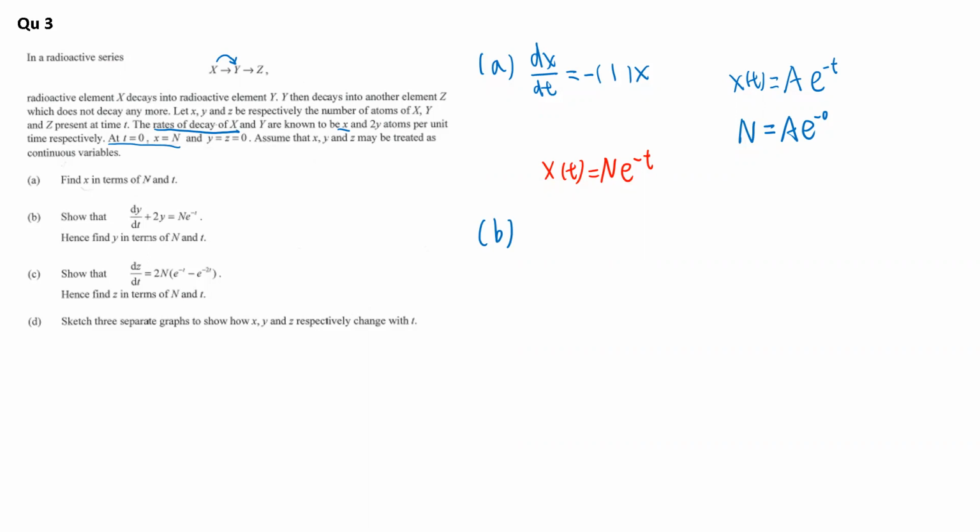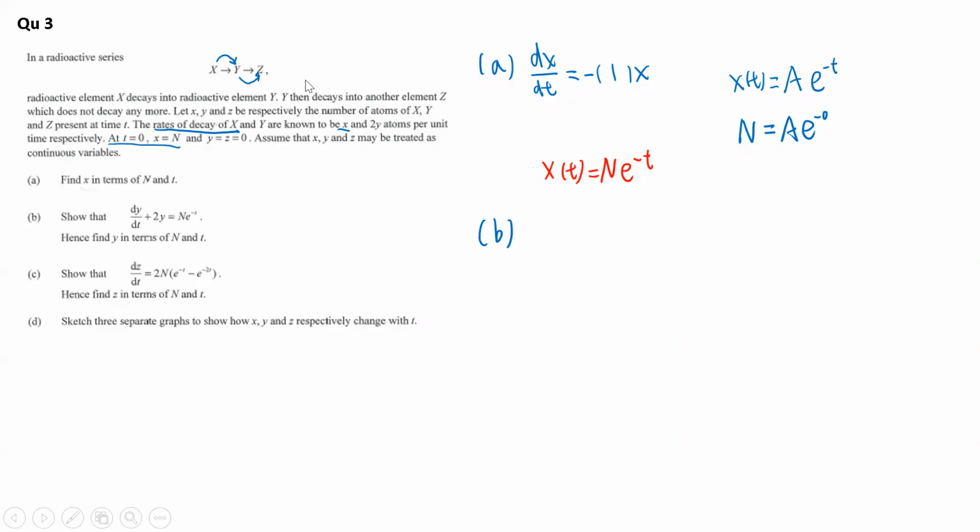However, y itself is unstable also, so y is decreasing. So dy/dt will have two contributions: one is increasing, due to the decay of x; the other is decreasing, due to decay to z.